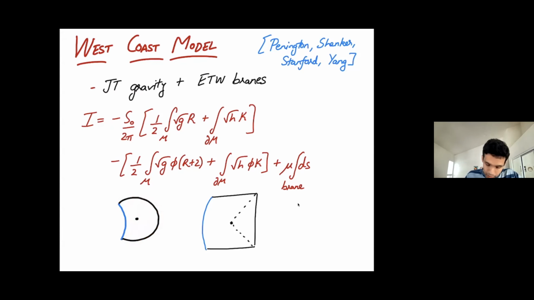When we analytically continue this, so let's say we take the data on this slice and continue into Lorentzian, then the solution looks like this, where now you have an asymptotic boundary here. There's a horizon, and the end of the world brane lies behind the horizon. So this is what this model and its solutions look like.